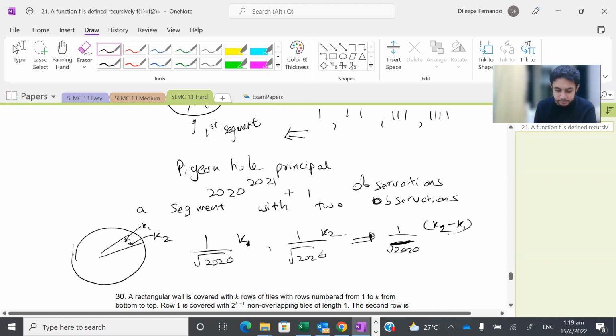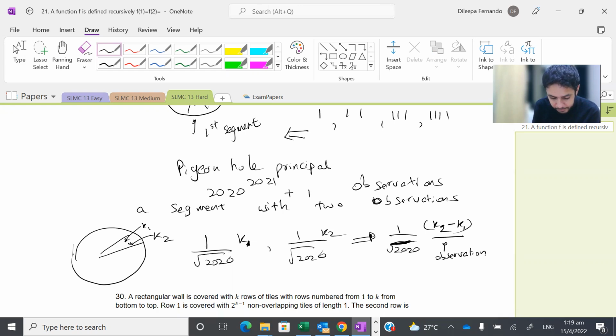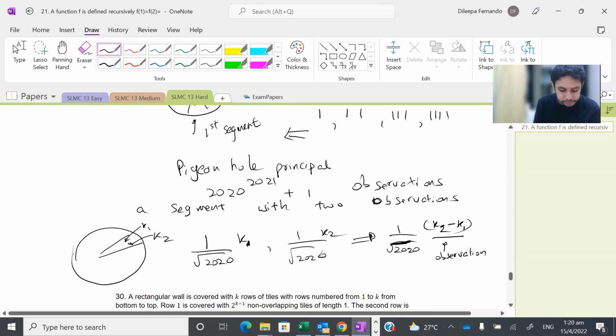You can see that the difference corresponds to another observation, another observation in the first segment, segment 1.